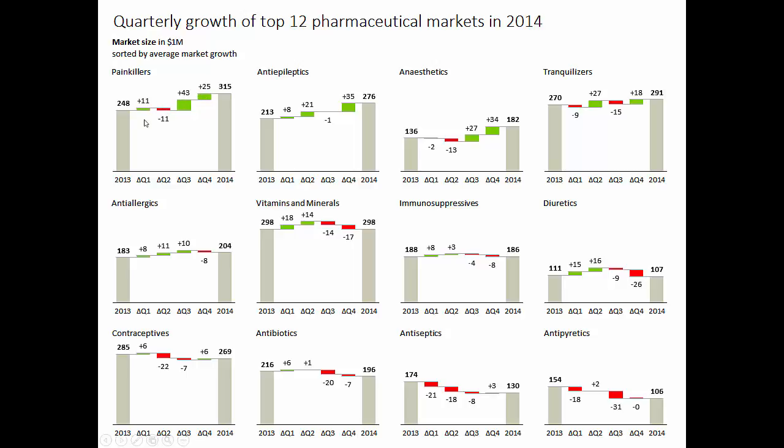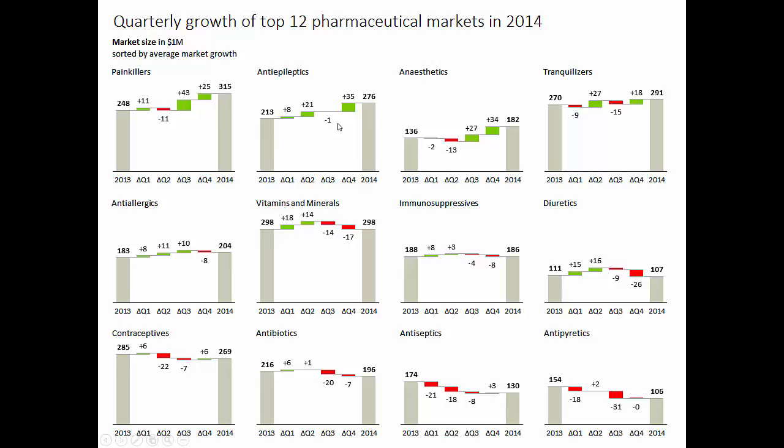So this is quarter over quarter growth, and we see that we have certain markets that are growing in first quarter. A little bit of negative growth here in second quarter, but overall, again, this is growing, and fourth quarter also growing. And that's why we arrived at the final market size in the next year.